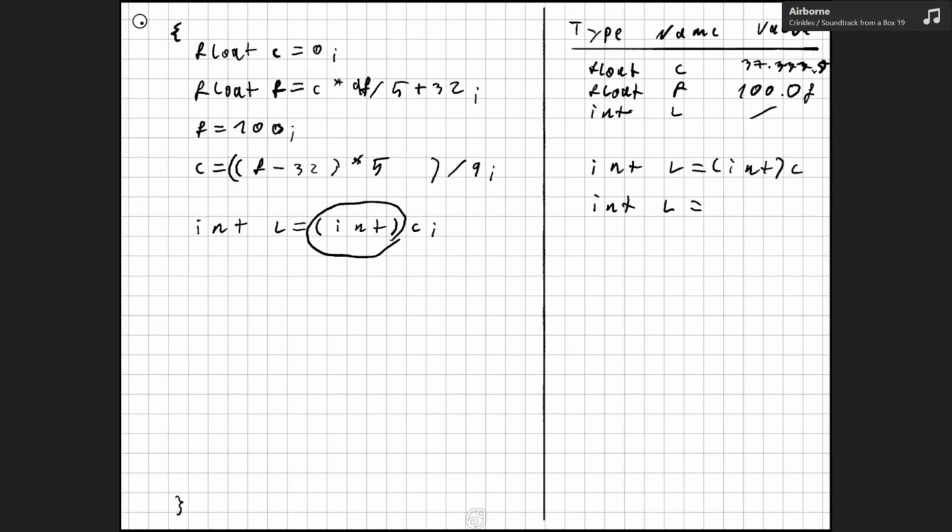So this C gets converted to an integer, which just means drop the decimals. So we have now a 37. And then we can assign it to an integer and end up with 37. And that's what we have in L now.